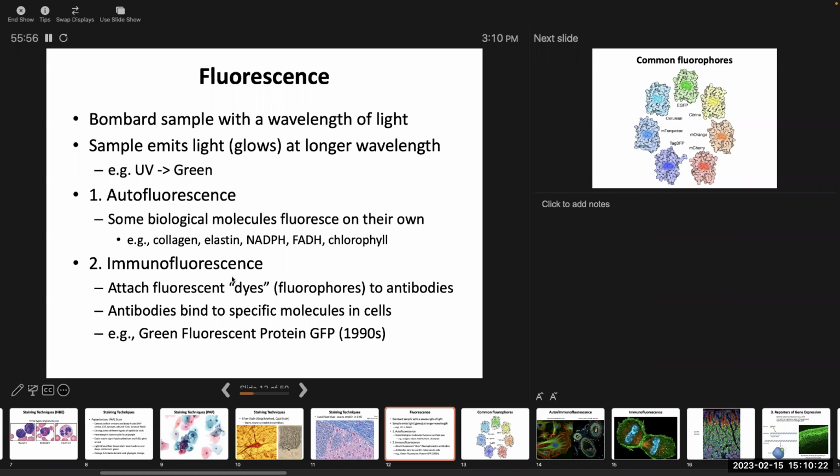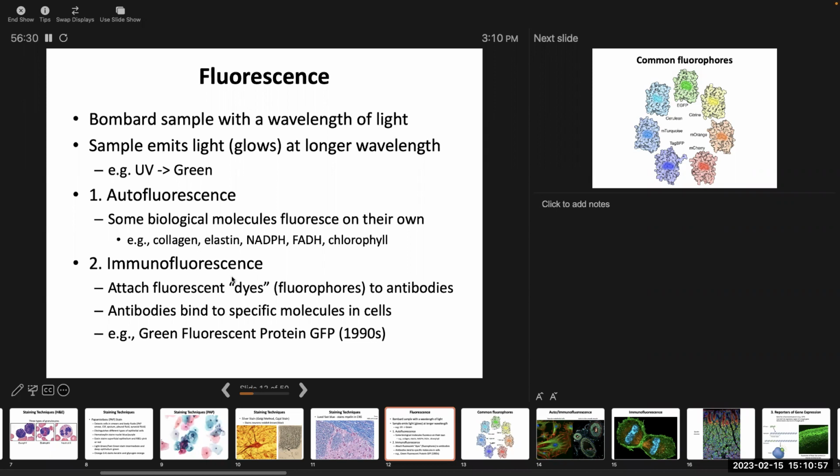NAD is nicotinamide adenine dinucleotide. FAD is flavin adenine dinucleotide. Both of these are involved in the Krebs cycle, bringing electrons to the electron transport chain for the generation of ATP. So they're involved in the energy production mechanism within the cell. There's also chlorophyll, which obviously you wouldn't find in humans, but this is another molecule that will fluoresce all on its own. Obviously, that's found in plants.